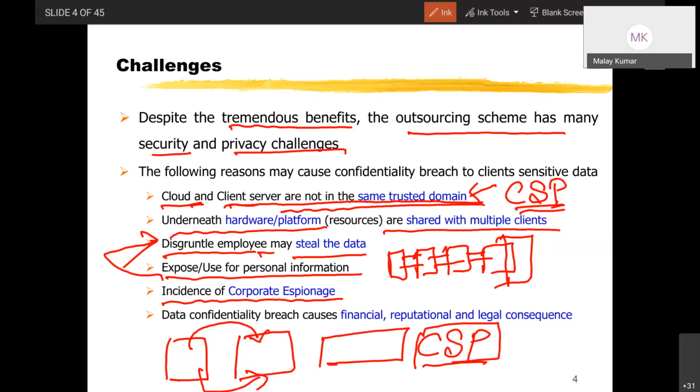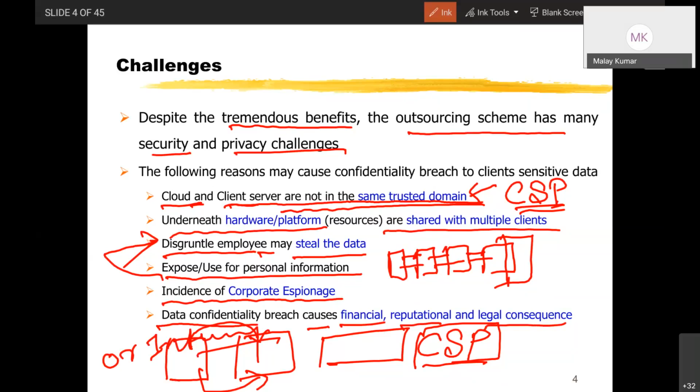That employee goes to the cloud service provider on behalf of the enemy company and works there and tries to steal the information. Further, any kind of breach, whether it's a confidentiality breach or integrity breach, may cause financial, reputational, and legal consequences for the cloud service provider and at the same time for the client who is using the cloud services.